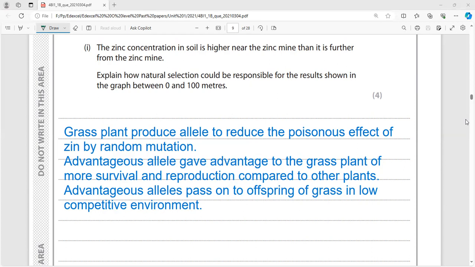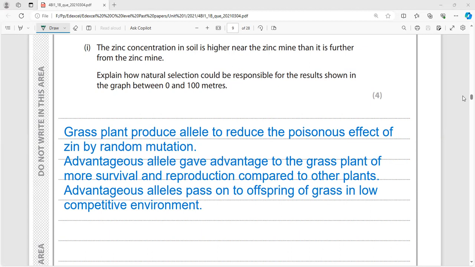So if you want to secure full marks in this question, the main keywords are that the plant produces the allele by random mutation, which is an advantageous allele. This advantageous allele is more adjusted to the environment, and that's why this plant is surviving more as compared to the other plants.